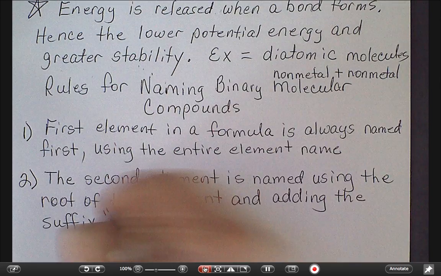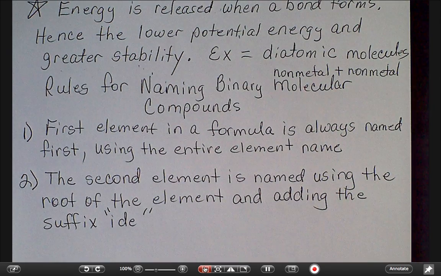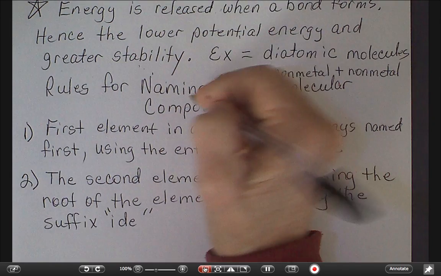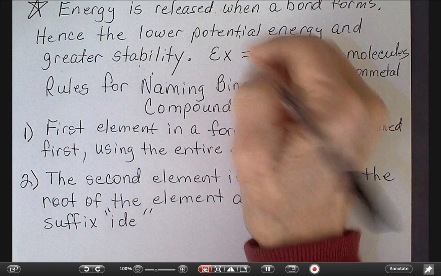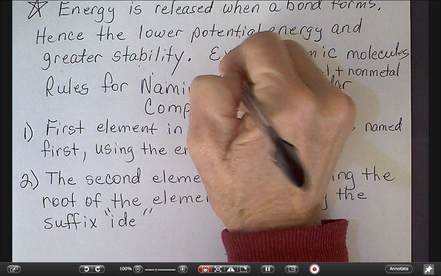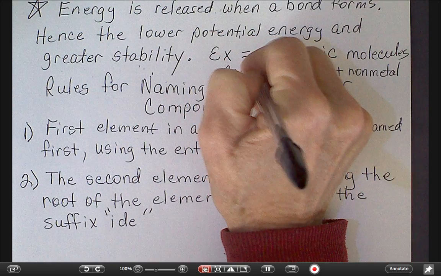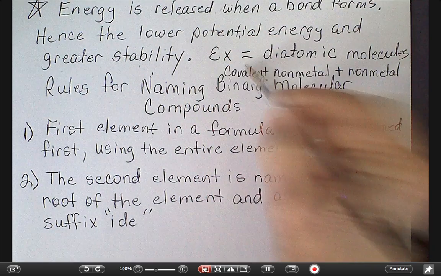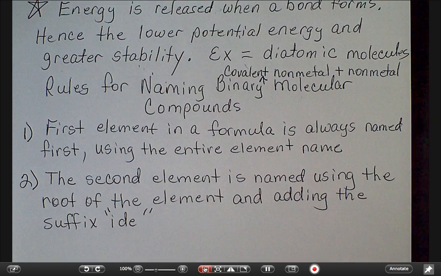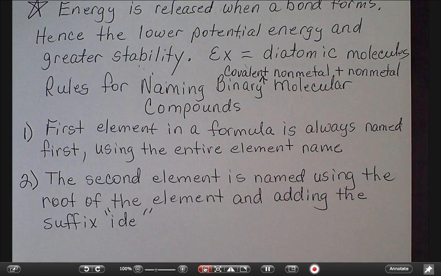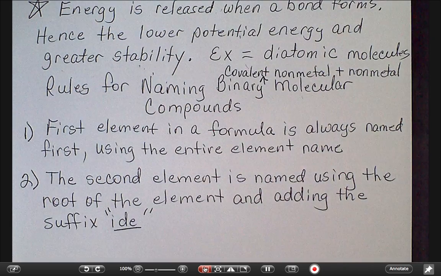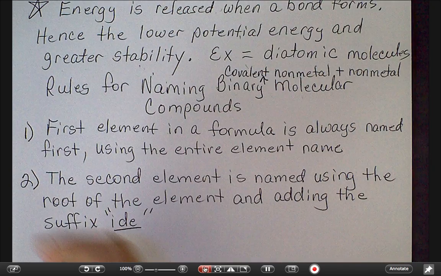So binary covalent compounds, I'm going to put covalent up here. Rules for naming binary what? When you see the word molecule, it's always referring to covalent bonded molecules. Okay. So they're all going to end in what? IDE. Okay. Binary means how many elements? 2. Okay.